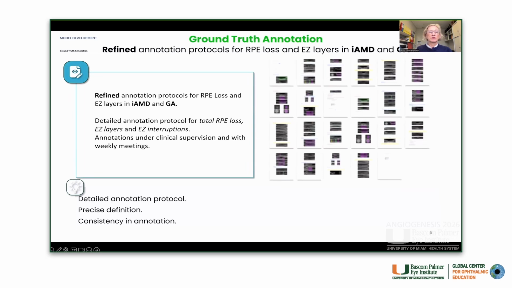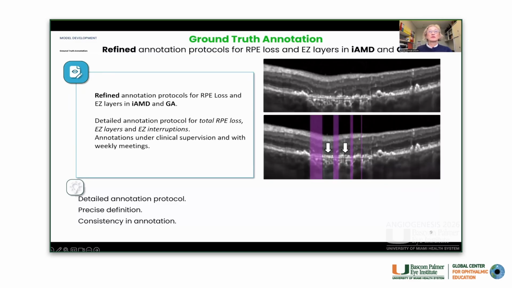Next step, ground truth annotation. Ground truth annotation requires a detailed annotation protocol with precise definitions and consistency in annotations. A refined annotation protocol for RPE loss and EZ layers, including intermediate AMD and GA, was used and shows the deviations and the features that appear very often.